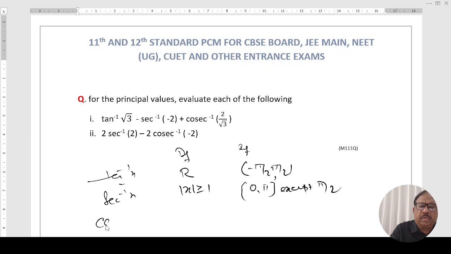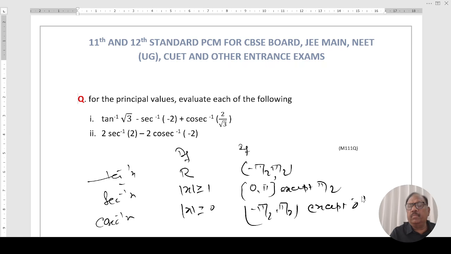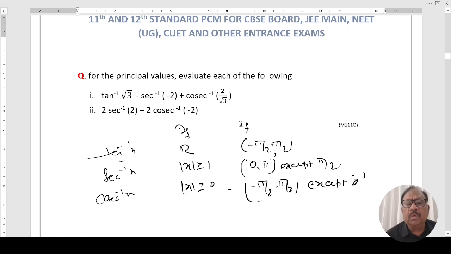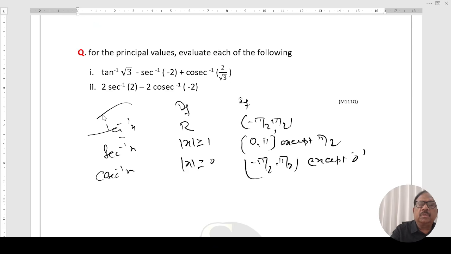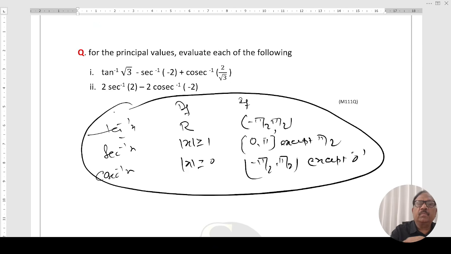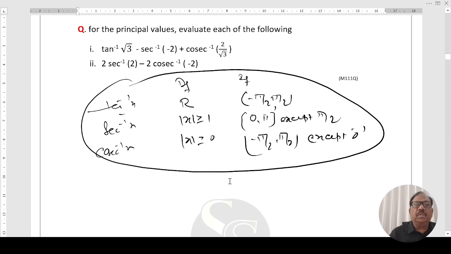And cosec inverse x: range is minus pi by 2 to pi by 2 except 0. Right? We know all these things. So in this case, root 3 belongs to its range.